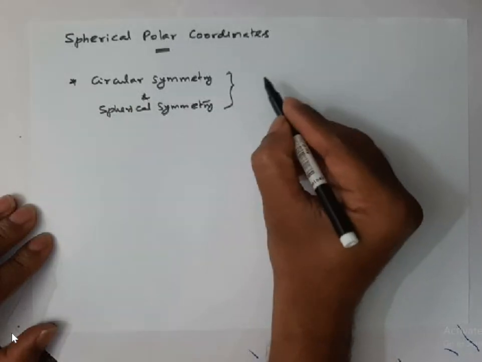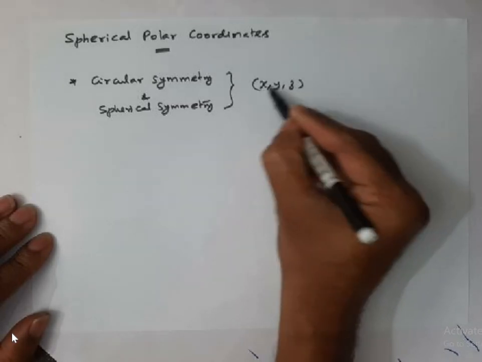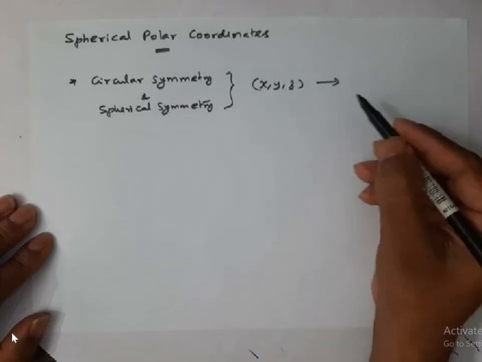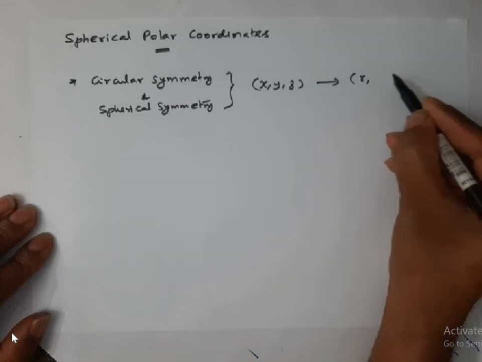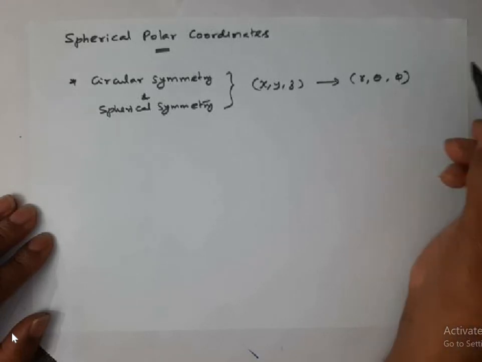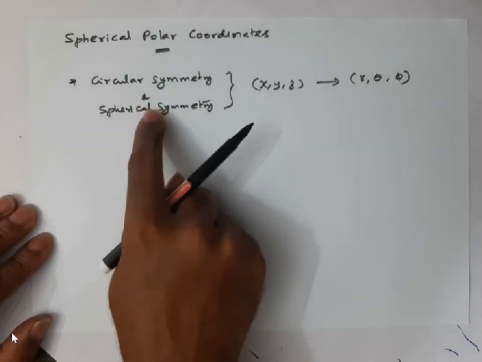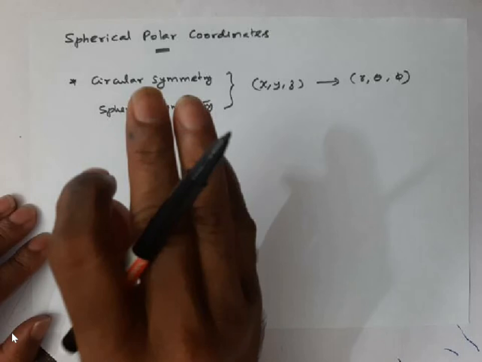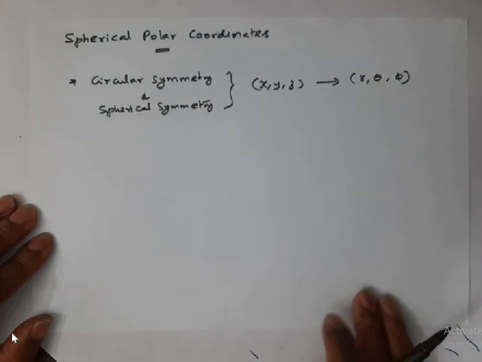if you convert the Cartesian coordinates x, y, z into spherical polar coordinates, we represent the spherical polar coordinates with r, theta and phi. If a system has circular symmetry or spherical symmetry, it is better to convert Cartesian coordinates into spherical polar coordinates. Why?